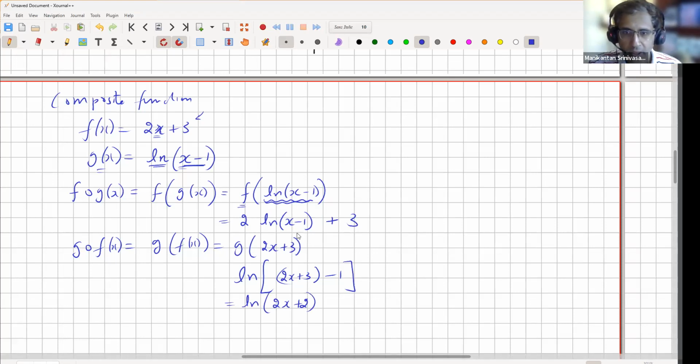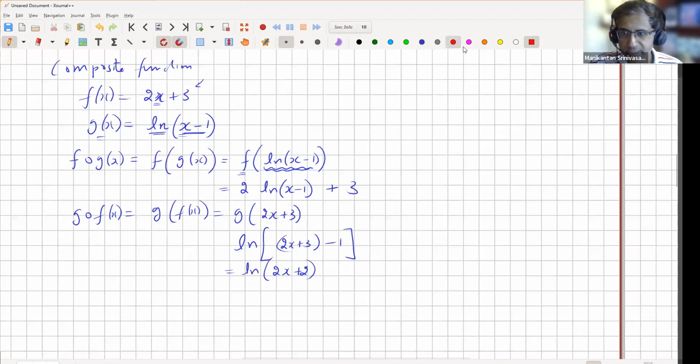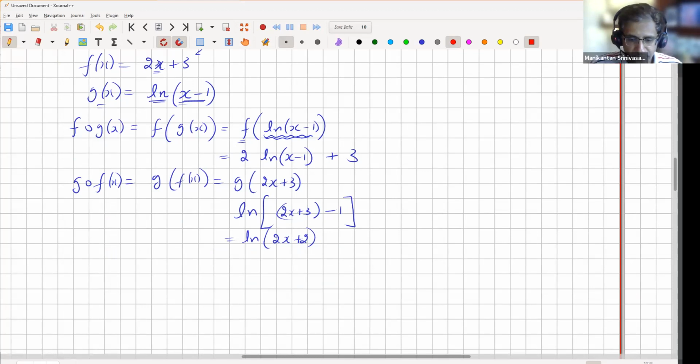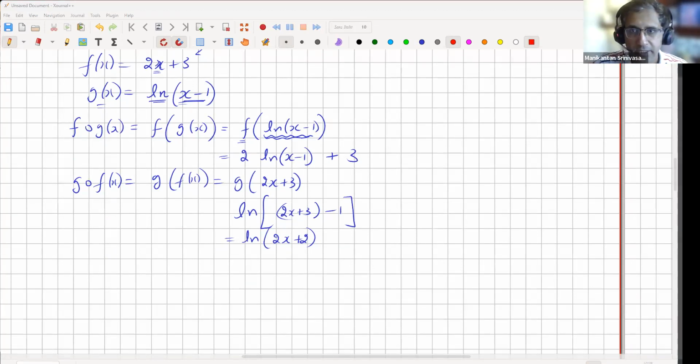Now, the problem comes when you have a composite set of functions and you want to look at the domain and range of the whole thing. So for example, let me come up with an example here.